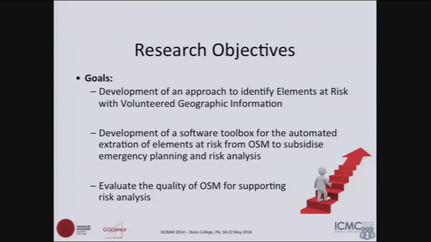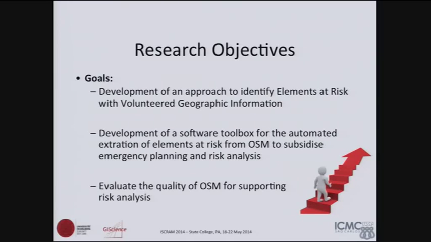So this was the first goal: how can we identify these elements at risk from OSM. And then what we envision is the development of a toolbox for the automated extraction of this kind of information from OSM, to be a resource for emergency planners and risk analysis.